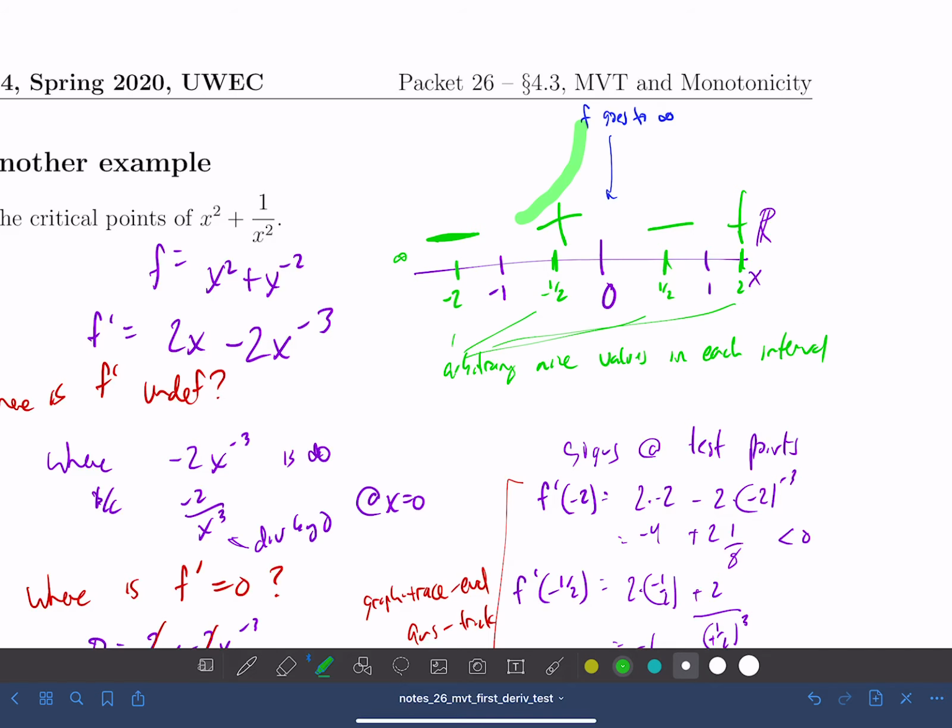Maybe that wasn't the right choice. I'll do yellow. So it's going to go off to infinity here, and it comes back down from infinity on the other side. And then it goes like that. I think a plot would have helped. There's definitely a strong benefit to plotting these things before you do them.